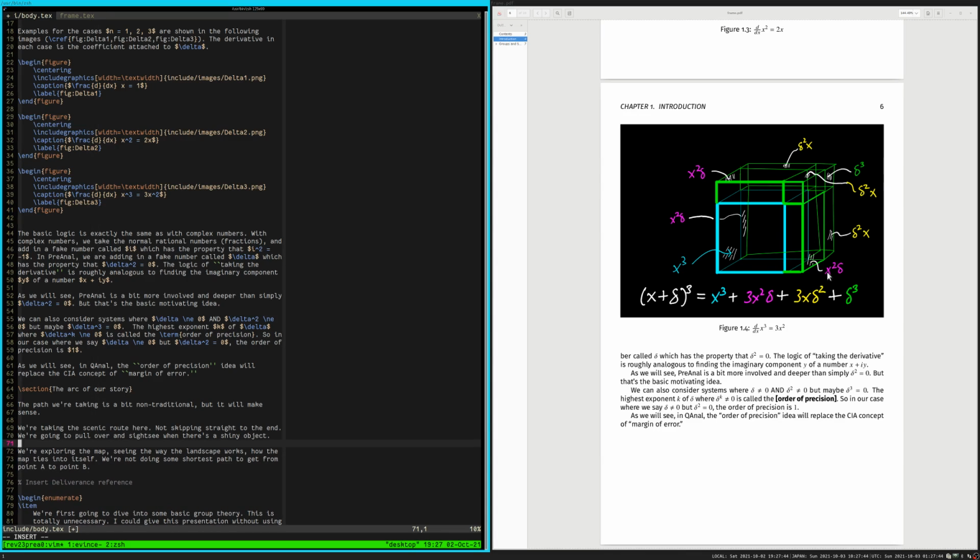We're going to pull over and sightsee when there's a shiny object. We're exploring the map, seeing the way the landscape works, how the map ties into itself. We're not doing the shortest path, point A to point B. Okay? This is the right way to learn something.